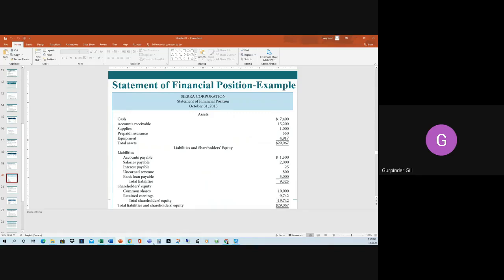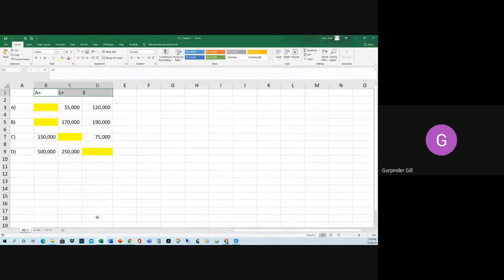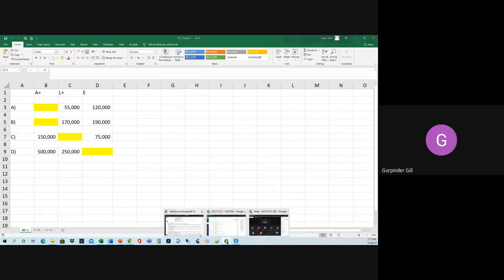So your accounting equation, or the golden equation, or the golden rule, is that total assets always have to add up to your total of liabilities plus equity. Under instance A, we know that our total liabilities are 55,000 and the equity is 120,000. Where is that coming from?